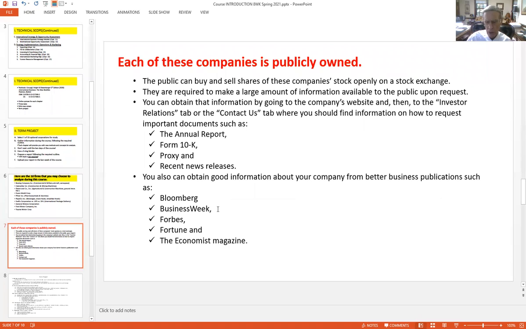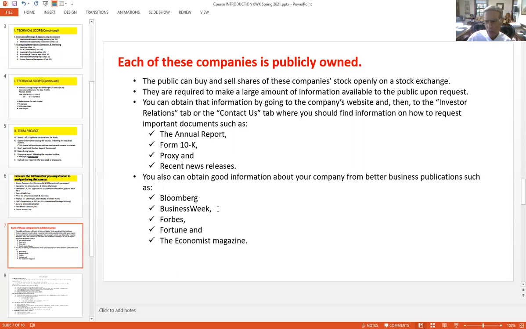Okay, so each of those companies is publicly owned. And that means you can buy or sell shares of stock in the company. And when companies issue stock to the public, they are required by law to put a lot of information to the public so that investors can be adequately informed.